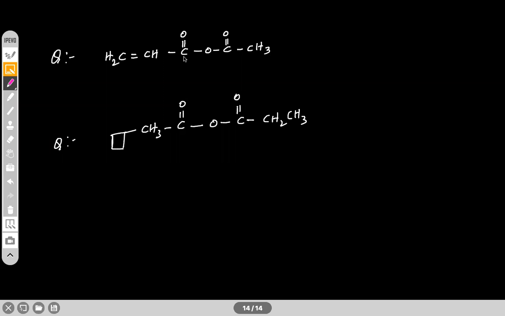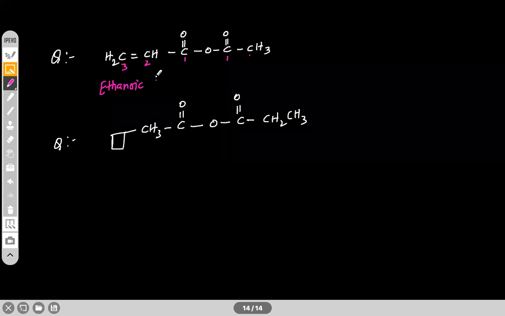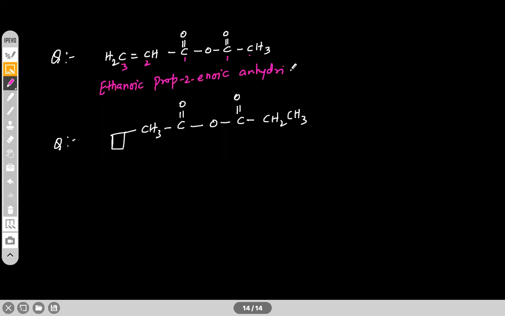The name of this compound is 1, 2, 3, and this is 1 and 2. So this is ethanoic alphabetically, and this one is prop-2-enoic anhydride. This one is 1, 2, 3.